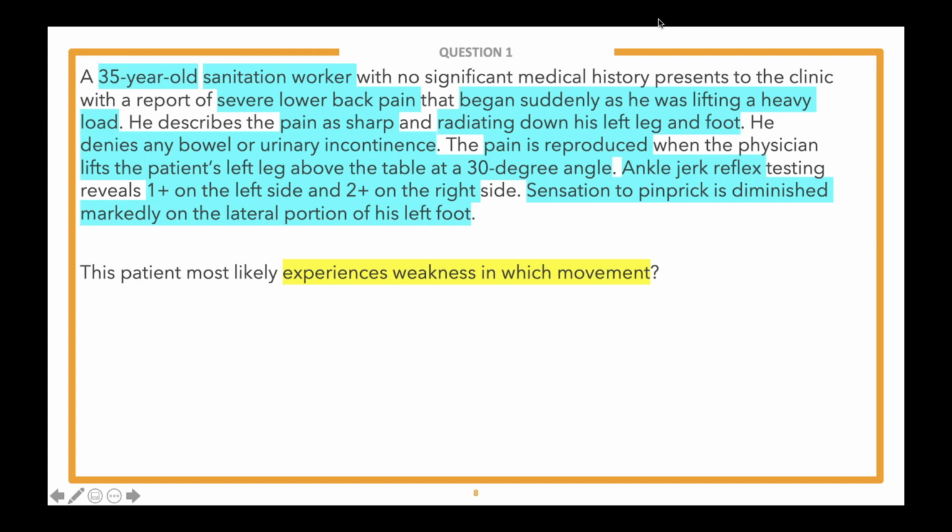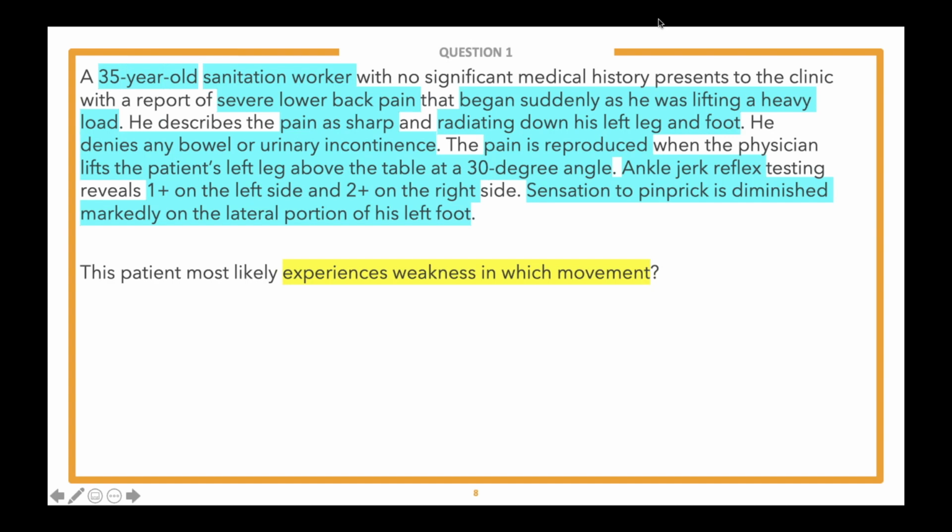Then they give us some important physical exam findings. We'll talk about the significance of that later, but interpreting those physical exam findings and the differences on the right and left. They also gave us some negative findings of no bowel or urinary incontinence, and there are some things that should be going through your mind when you see that, if it were to be positive.